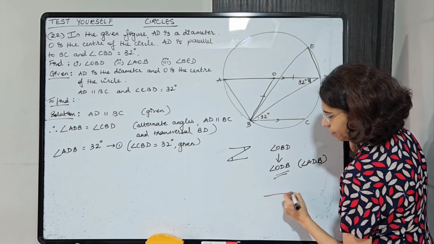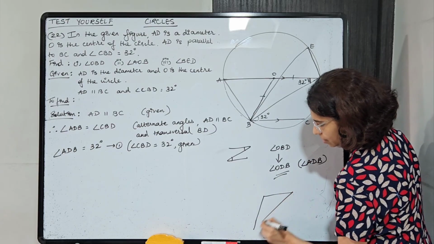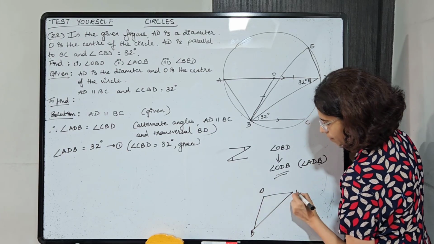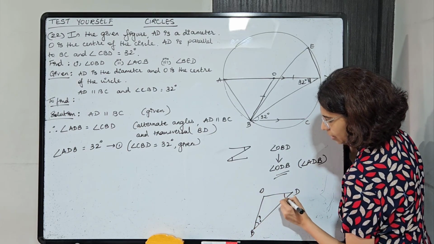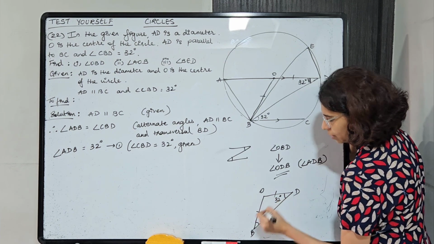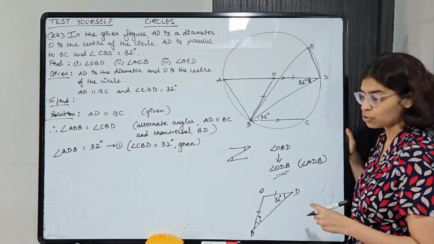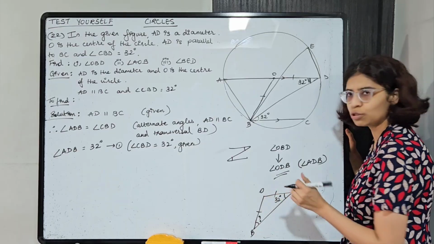Now we'll consider this triangle OBD. We have to find this angle, and the value of this angle is 32. These two are equal, radii of the circle, so you have to write down OB is equal to OD.